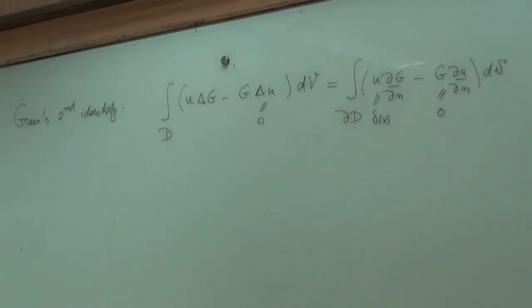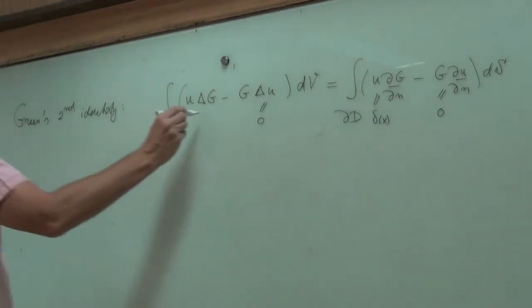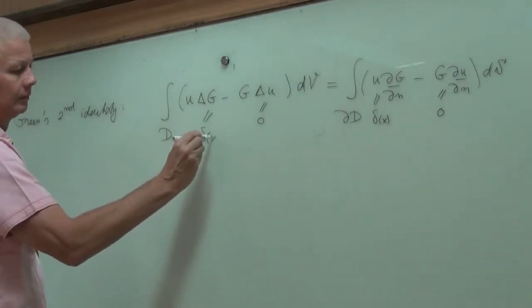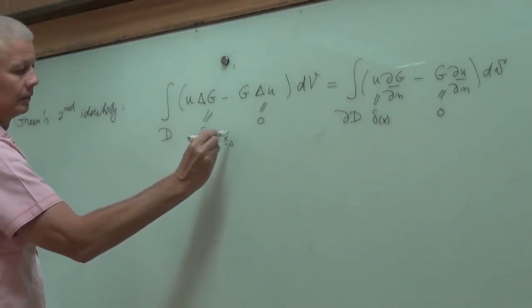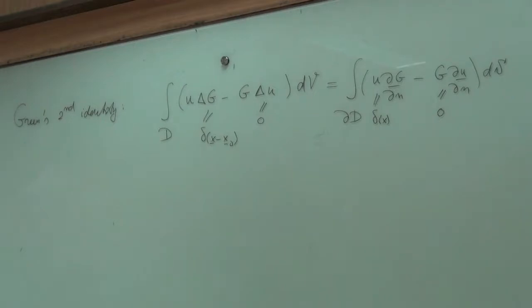What do we know further? What do we know about Laplace g? If I have a Green's function, that's usually a delta function, eh?